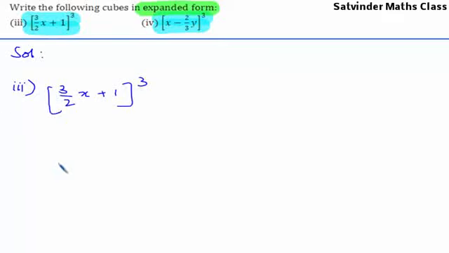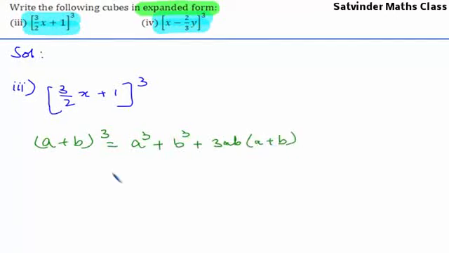Now recall the identity. (a + b) whole cube is equal to a cube plus b cube plus 3ab into (a + b). This can also be written in its simplified form as a cube plus b cube plus 3a square b plus 3ab square.